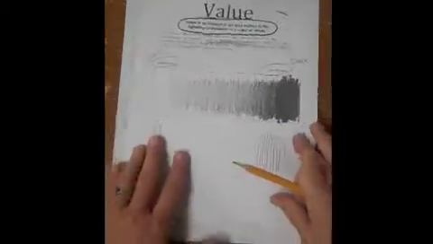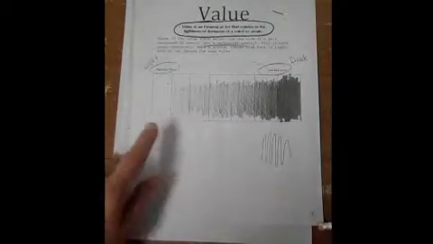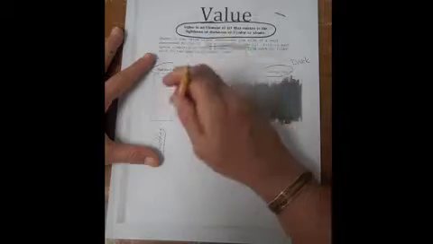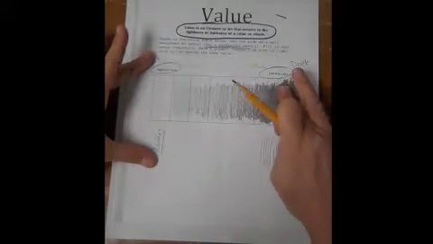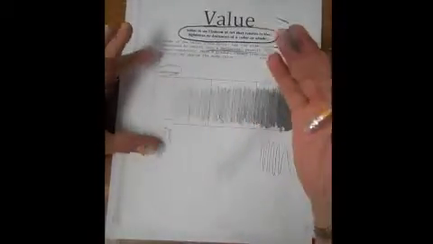Now the video doesn't show this very well. This one is usually hard to see because it's so light, but there is some value there. Another technique that I want to share with you is using something to blend with. You can use your finger to blend, and you've all done this before. If you smear that lead around, you can use that to blend. Here's the problem with that.